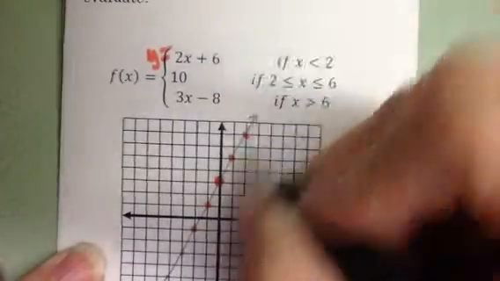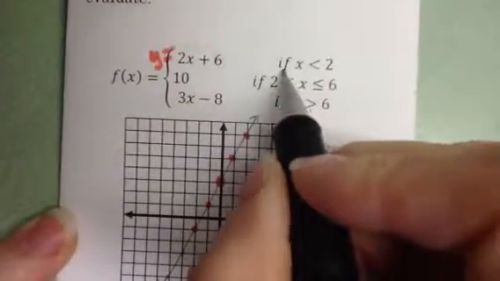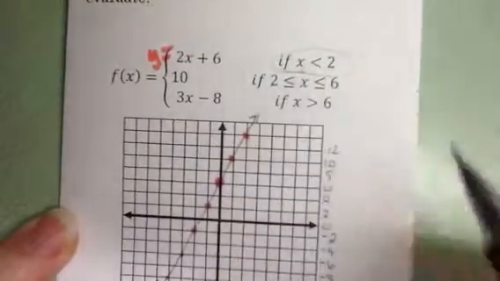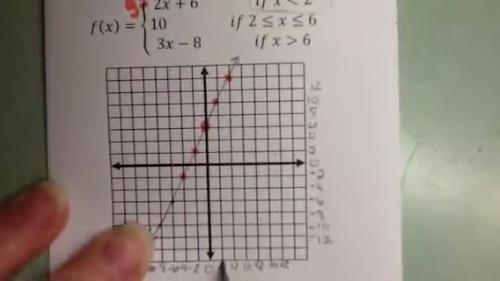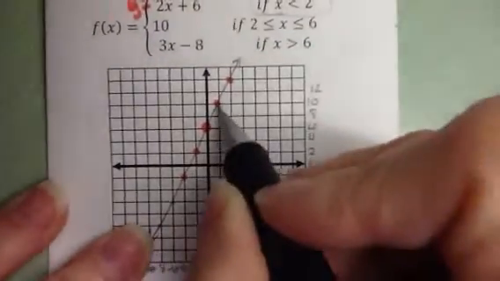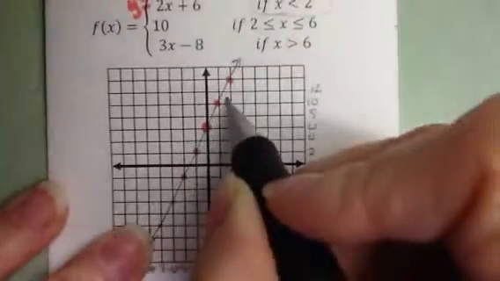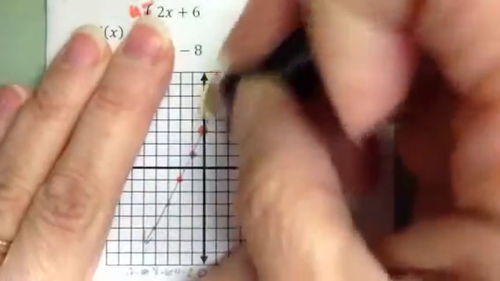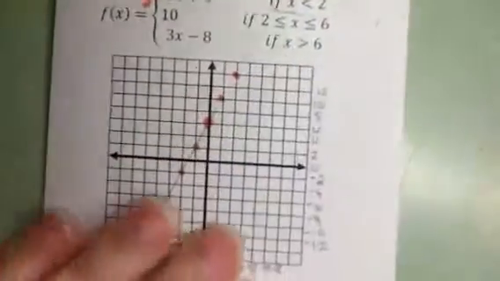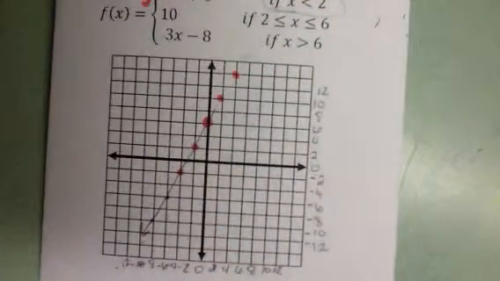So here's our line. But we only want if x is less than 2. Well, here is our x is 2 here. So here's our 2. So we only want this part, and we want an open circle. Okay, so that means we would erase this part of our line. And you won't be able to see this because I put my dot in marker.